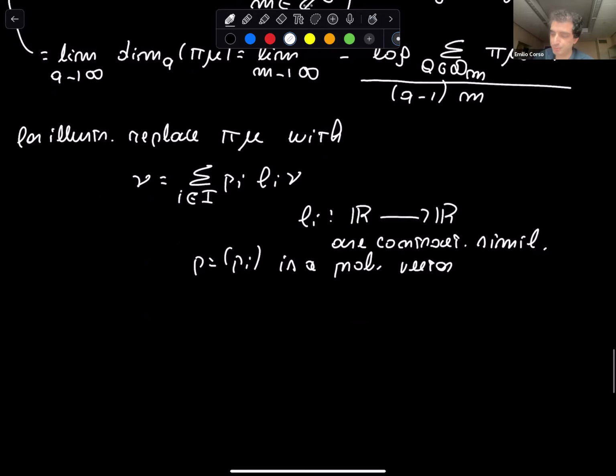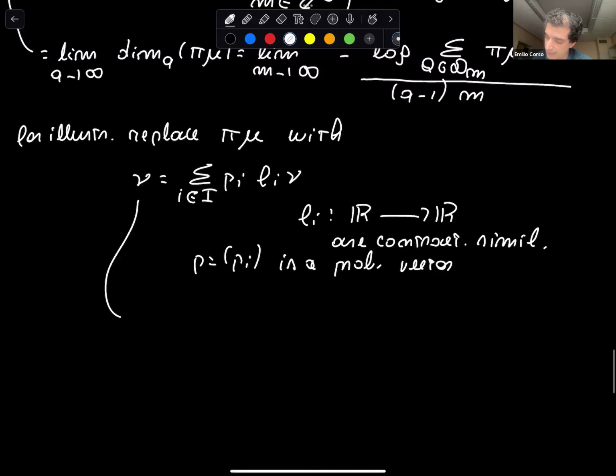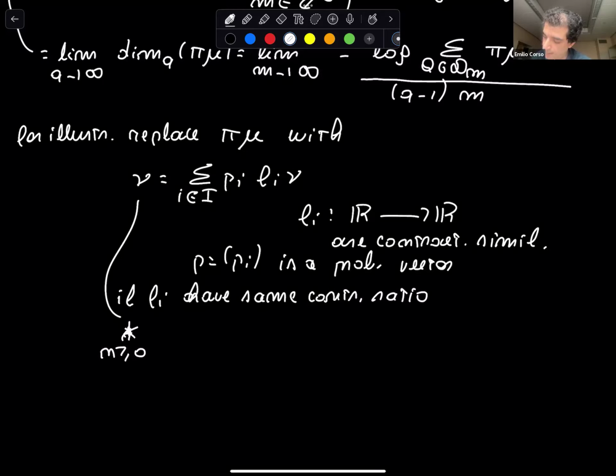Now, it turns out that in the homogeneous case, if the f_i have the same contraction ratio, you can express this measure as an infinite convolution product of a certain finitely supported measure, which I'll specify in a moment, rescaled by the common contraction ratio λ in (0,1), that is, λ to the n.